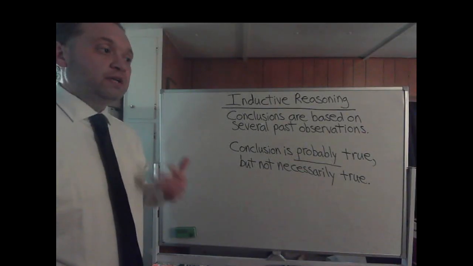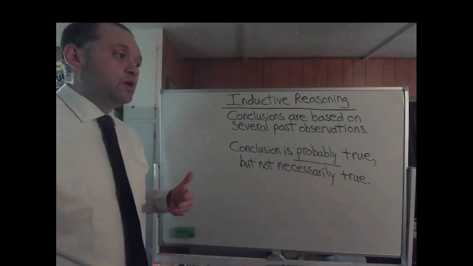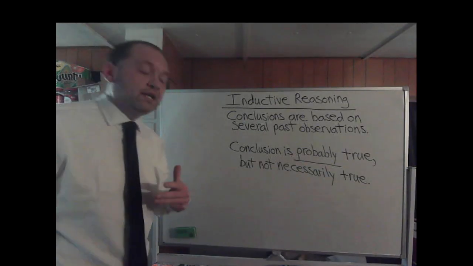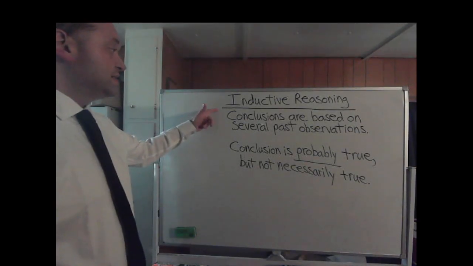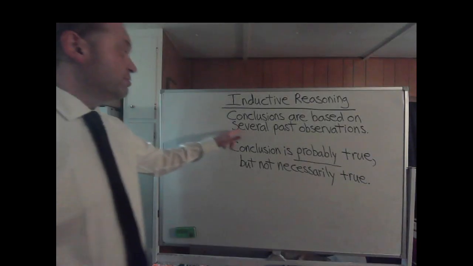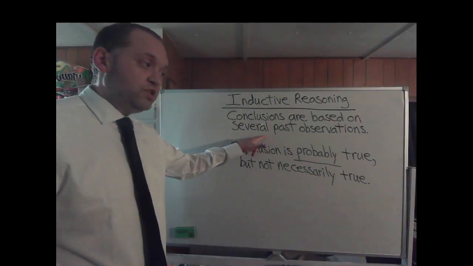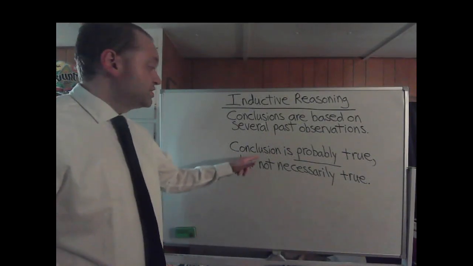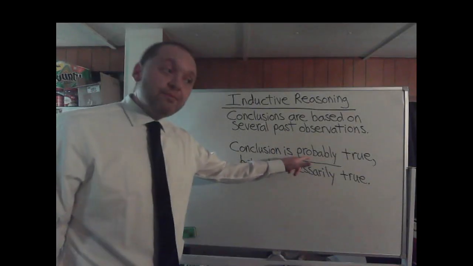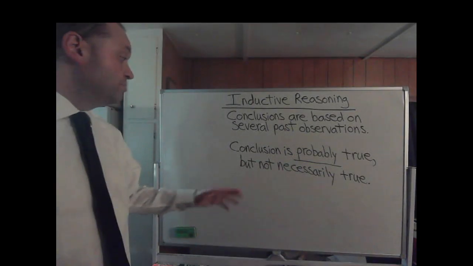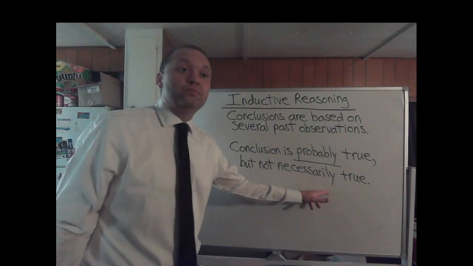And it's grounded in what can be proven, what's evident. Inductive reasoning, the conclusions are based on several past observations. So this means the conclusion is probably true. It might be true, but not necessarily true.